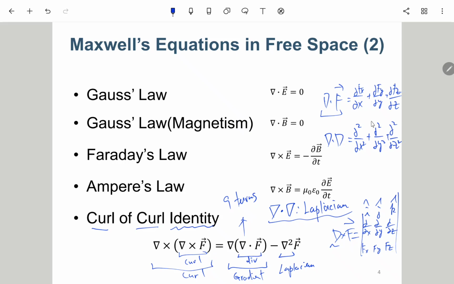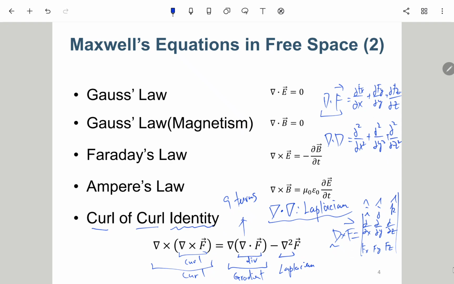Here we will also get 9 terms, because this is a vector, it has x, y, z dimensions, and you take the second derivative for the x component, y component, z component, and so on.